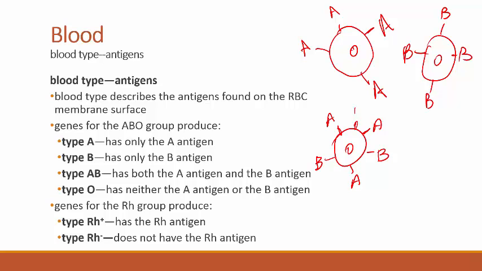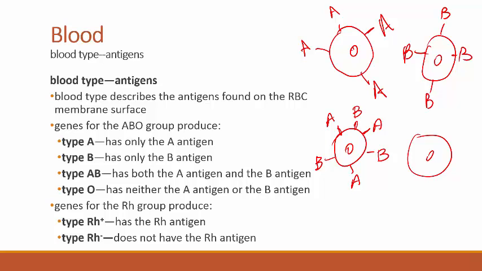It's just the combination of expressing both B antigens and A antigens. Now here's the tricky part. If a person is type O, they don't have an O antigen. Instead, that means that they have no antigens. They have neither the A antigen nor the B antigen hanging off of their membranes.